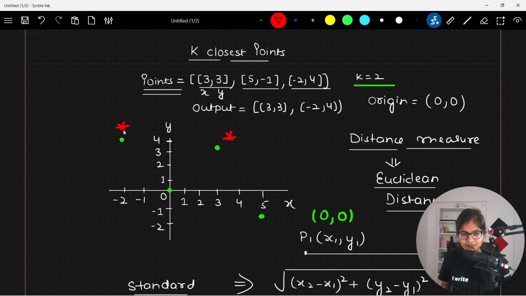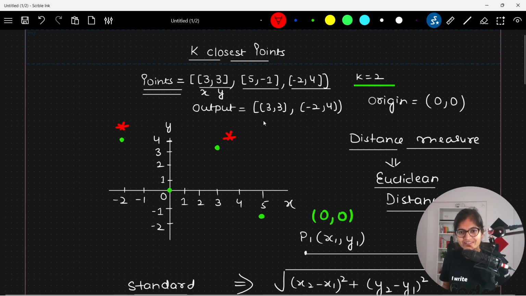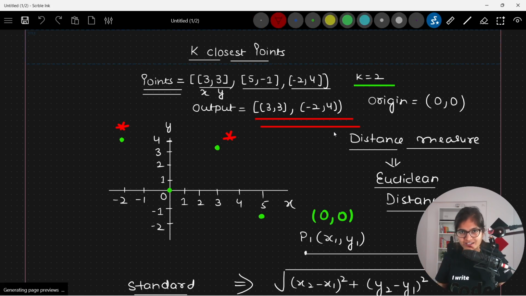If you are not using visualization, you can simply find the Euclidean distance using the formula which I have shared with you, and you will observe that these two are the nearest points. So this is the expected output. Order can vary, but these 2 points should be the output if our logic is correct.